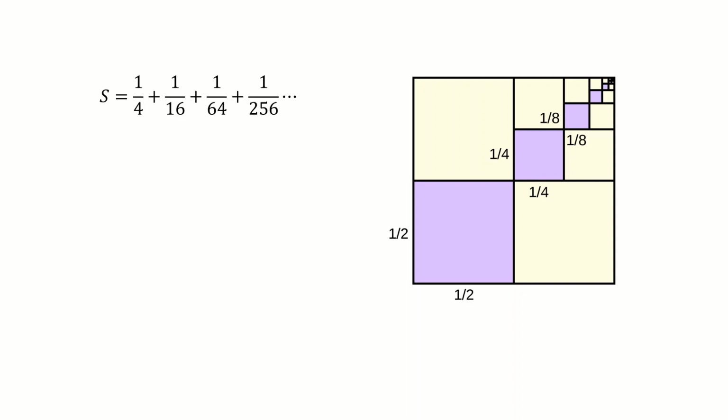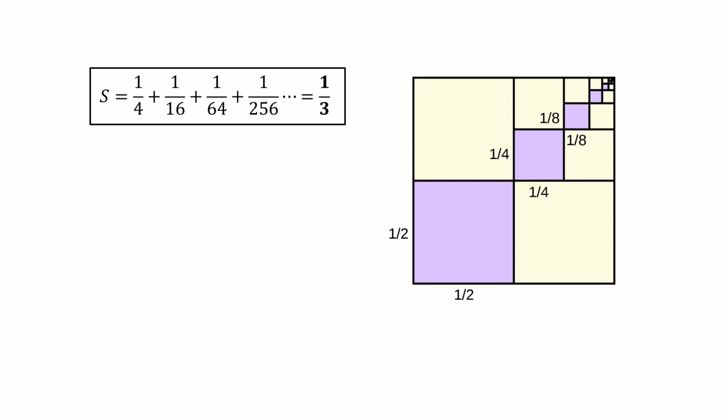If from each level of squares we color only one of them, we can see that we have 3 big squares and then 3 smaller squares and then 3 smaller squares, and from each level, one is colored in purple and 2 are not colored. So you can say that in total, 1/3 of the total square is going to be colored, and that is the value of this series S.